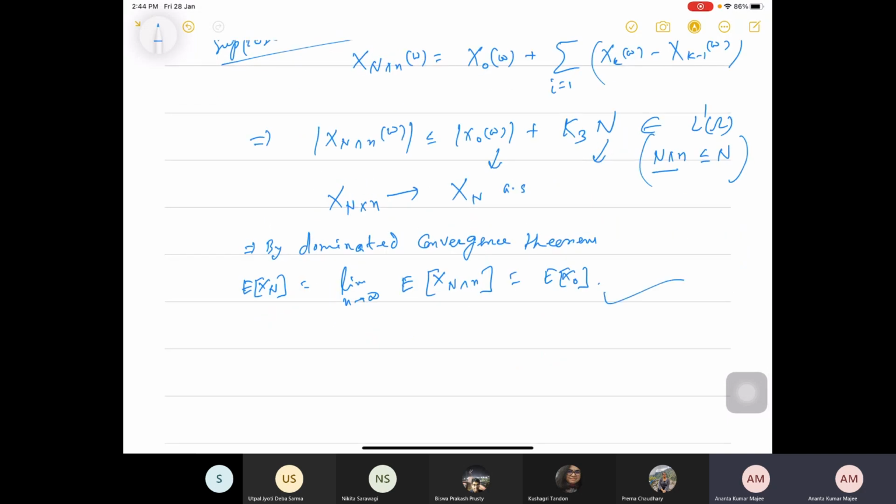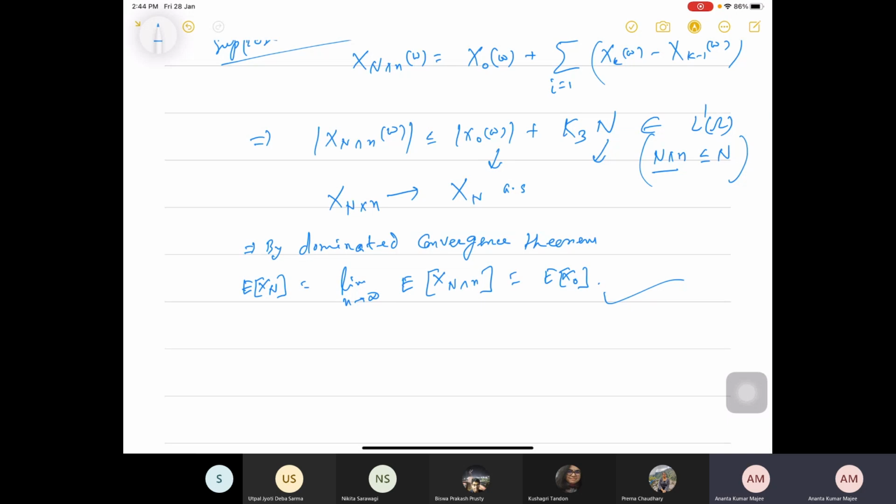So this optional sampling theorem says that if my stopping time is either bounded, or is finite almost surely but my sequence X_n is bounded, or if my expectation of N is finite and the consecutive difference of X_n is uniformly bounded by k, then I can have the expectation of X_N the same as my expectation of X_0.